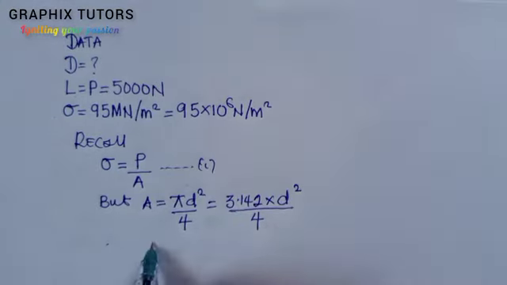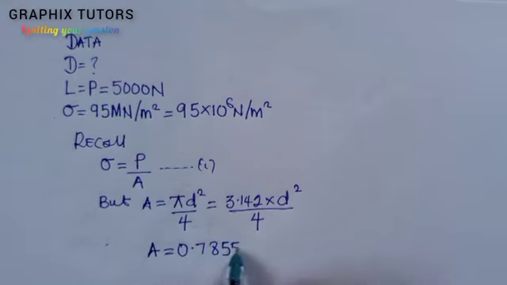Now the area here will be given as 3.142 divided by 4, which is 0.7855 D square meter square.